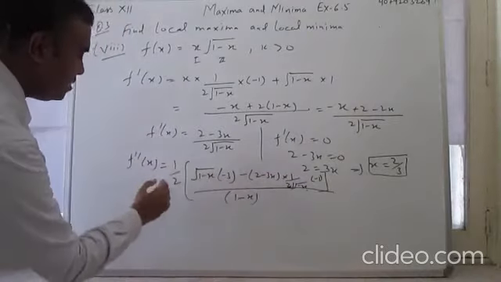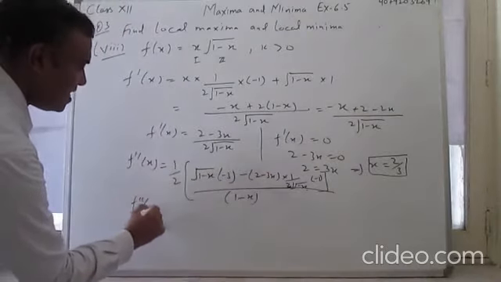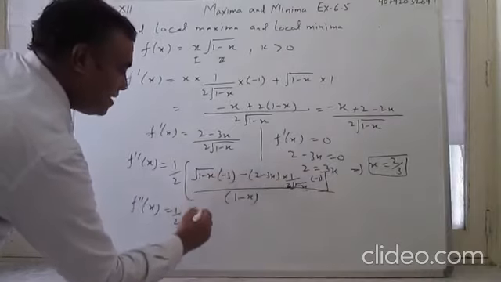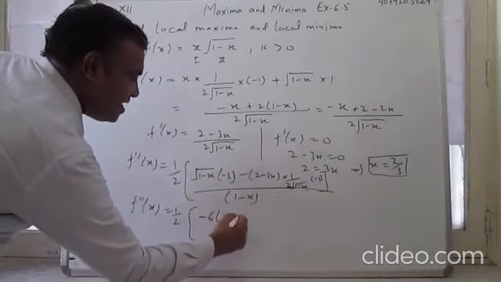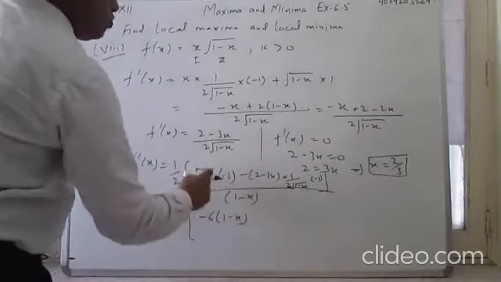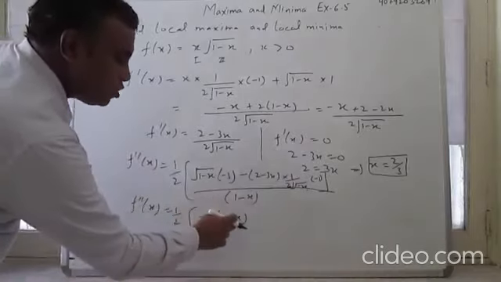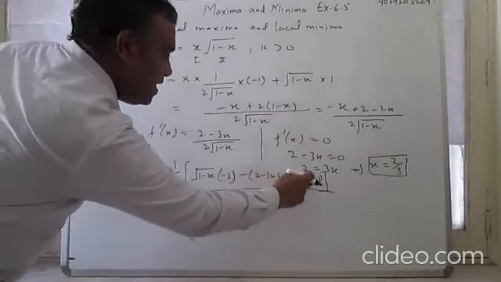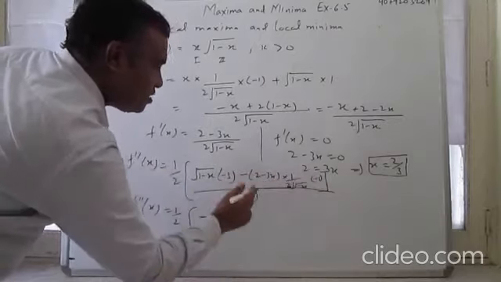Take the LCM, so f double dash x is equal to 1 upon 2. Taking the LCM gives minus 6 bracket 1 minus x. The root becomes a whole square, so the root goes away. So it is minus minus plus, this minus is plus.